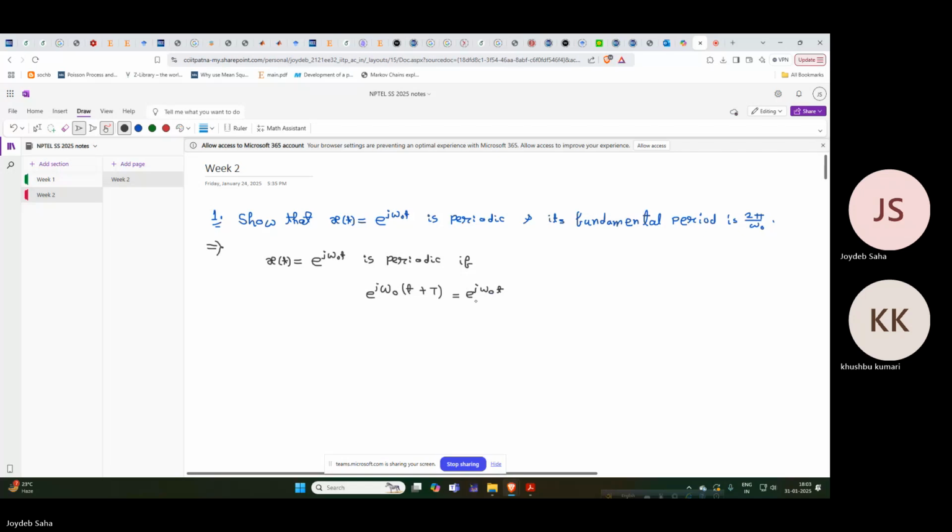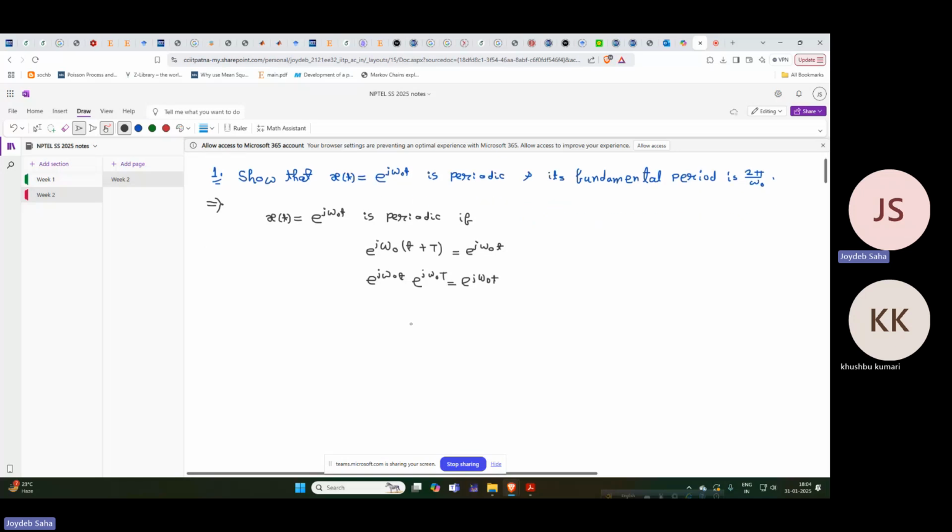Or we can write it as e to the power j omega 0 t multiplied with e to the power j omega 0 capital T is equal to e to the power j omega 0 small t, which indicates that e to the power j omega 0 capital T is equal to 1.